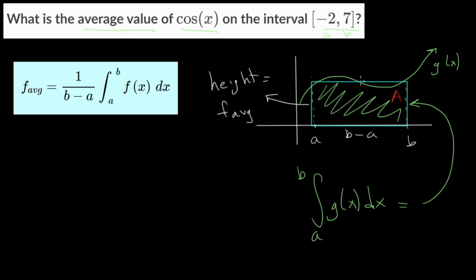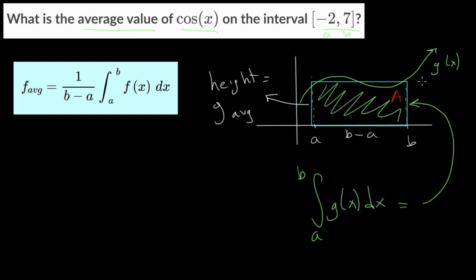And you can sort of see that. A function value right about here seems to be right in the middle of the highest value and the lowest value. I didn't draw this perfectly, but that's the general idea, that the height of this rectangle would then be the average function value. Actually, I should be careful since we're using g here, so we can say this is the average of the function g.